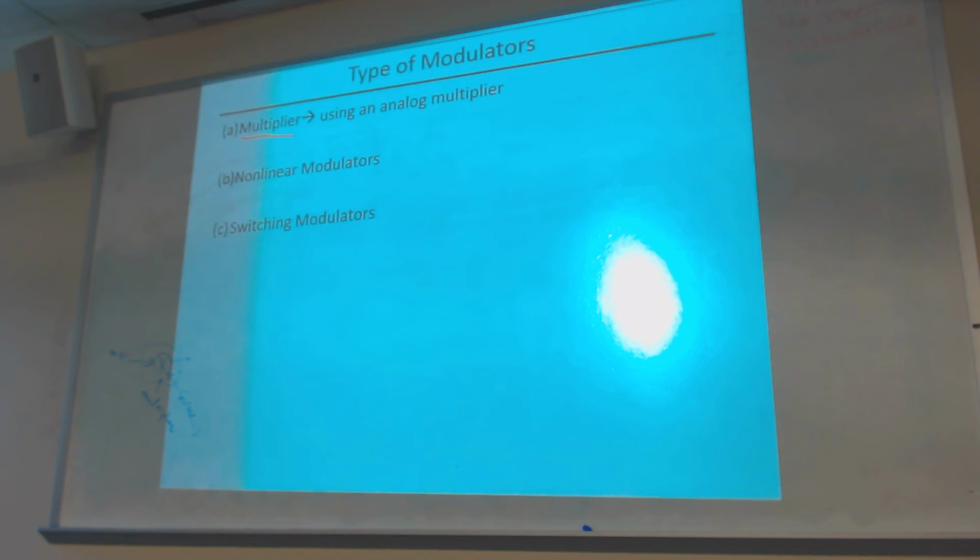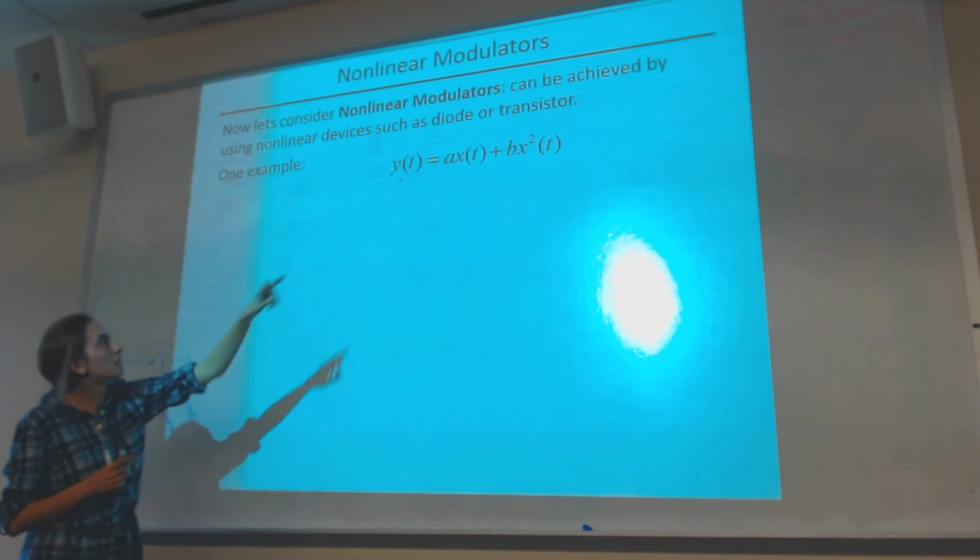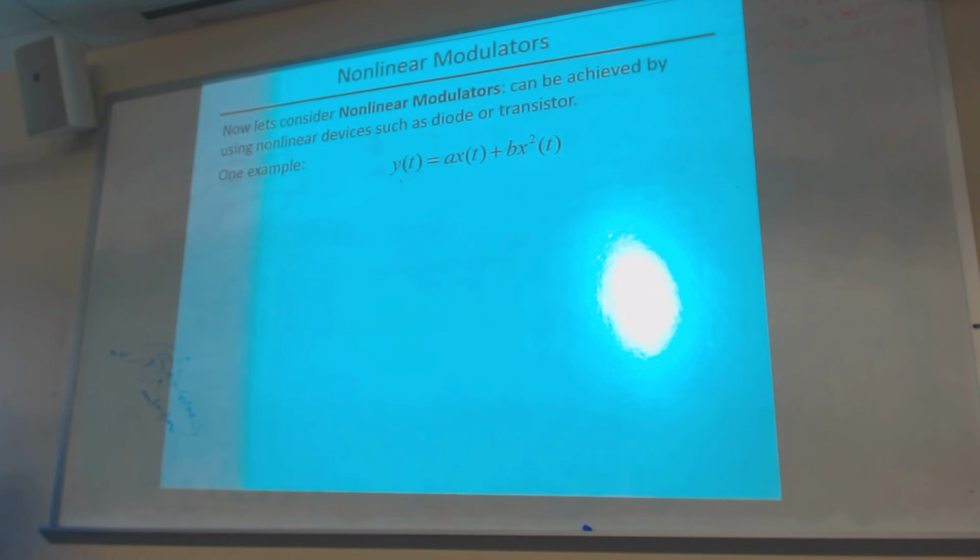But in case you don't have that ideal multiplier, the question is what can we do? How can we still get this m(t) cosine? There are several schemes. Let's say instead of the multiplier, I have a nonlinear system which is represented by this input-output relationship: the output y is ax plus bx squared.